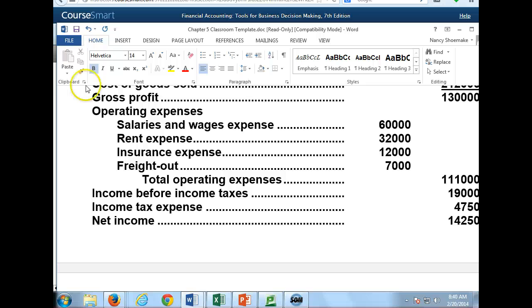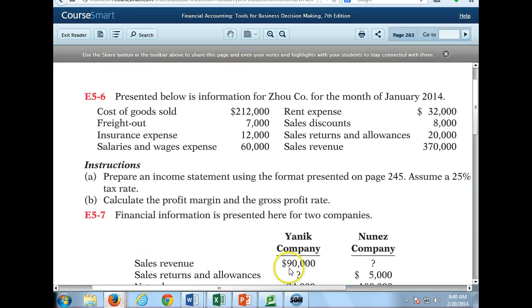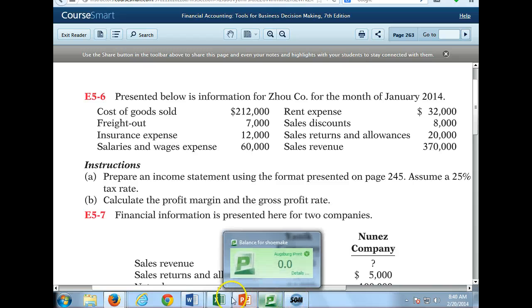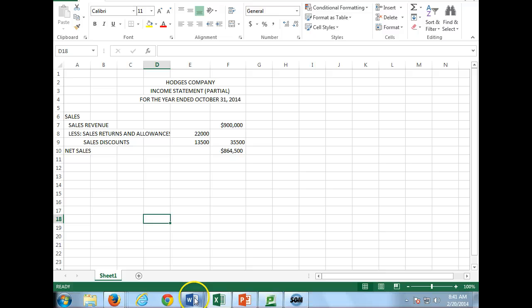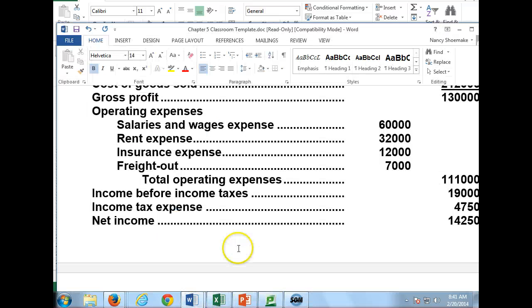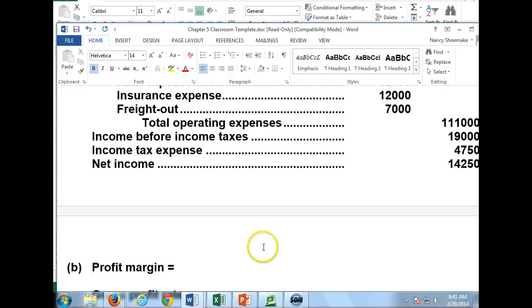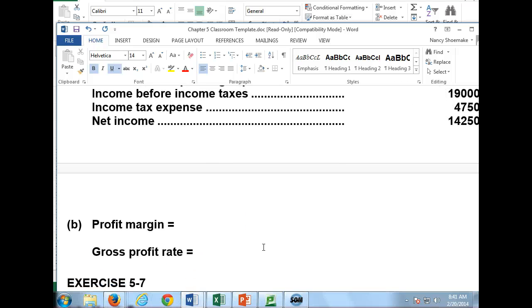Okay, let's go back to the problem. And it says calculate the profit margin and the gross profit rate. The profit margin, how are we going to do that? The profit margin is going to be we're going to take our net income.